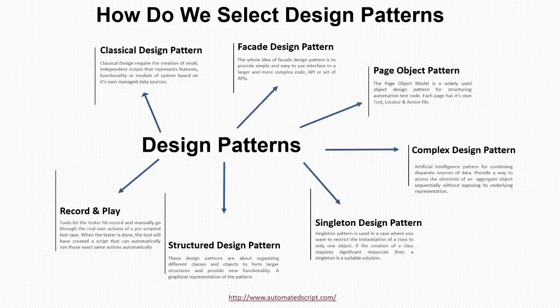Now I can go to the second, my classical design pattern. The classical design requires the creation of small and independent scripts that represent the features, functionality or modules of your system. When we implement a design in a modular way, tests maintain data sources where test input and expected output results are stored in a separate data file, and a single automated script executes all those automated test cases with multiple sets of data.